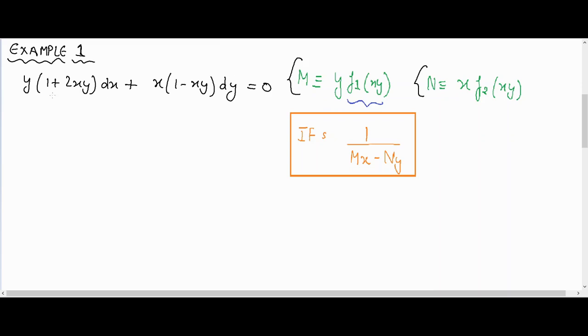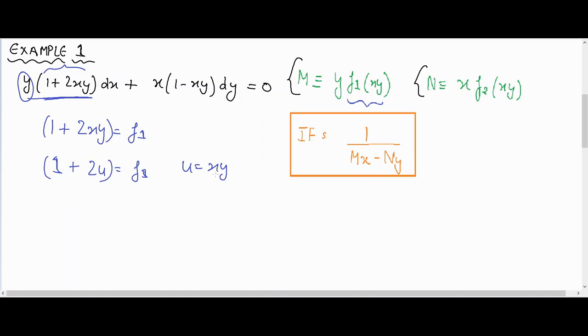So we can see that this is M, and in this we have a y multiplied, and this is a function of xy, right? This is like 1 plus 2xy. This thing is actually f1. This is a function of xy. We can write it like 1 plus 2u equals f1, where u is x times y.